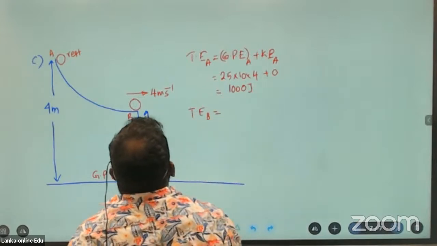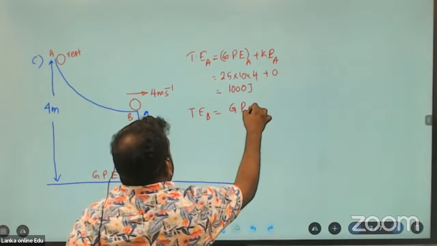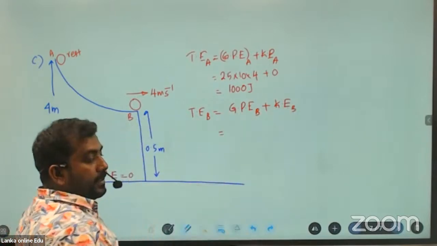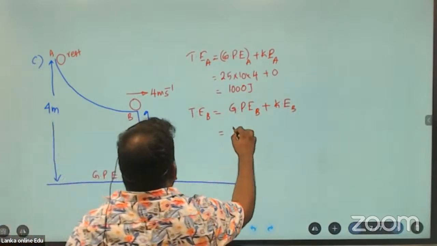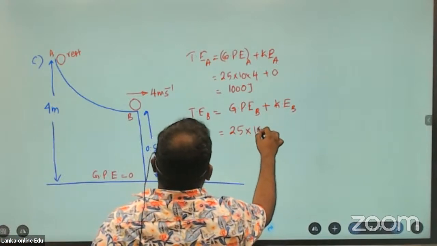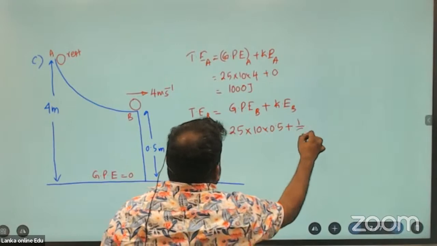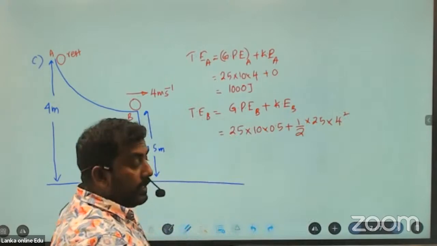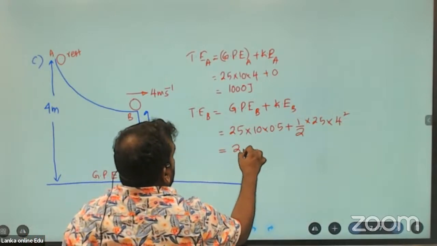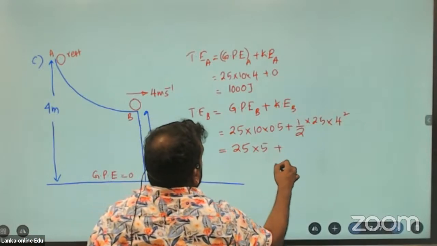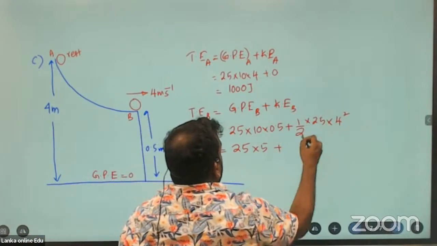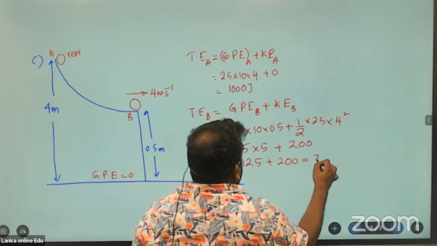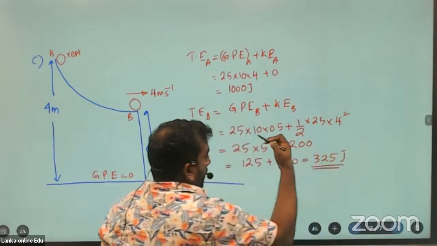Total energy at B: gravitational potential energy at B is 25 G into H, plus kinetic energy half 25 times 4 squared. Simplify carefully: 25 times 5, 125; 16 divided by 2 is 8, 8 times 25 is 200. 125 plus 200, 325. What happened to the rest? Lost.